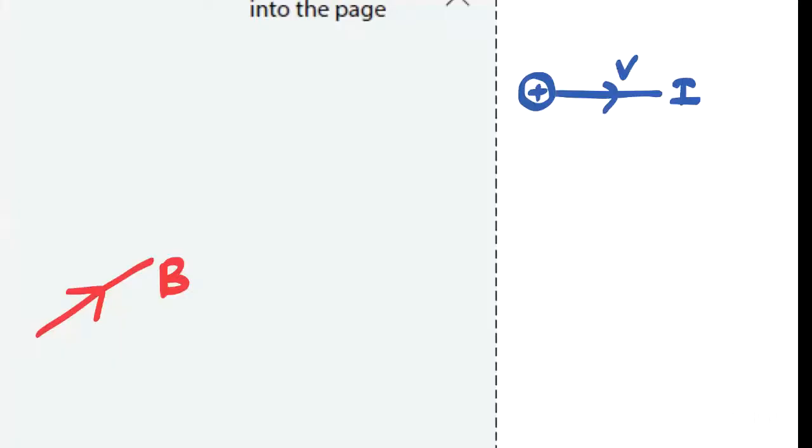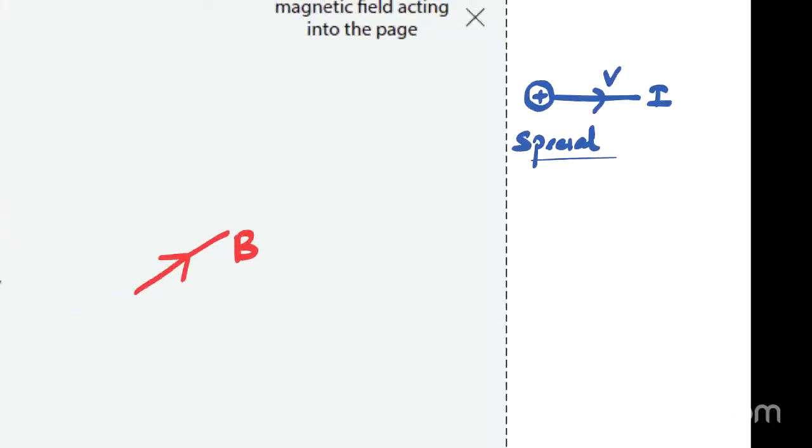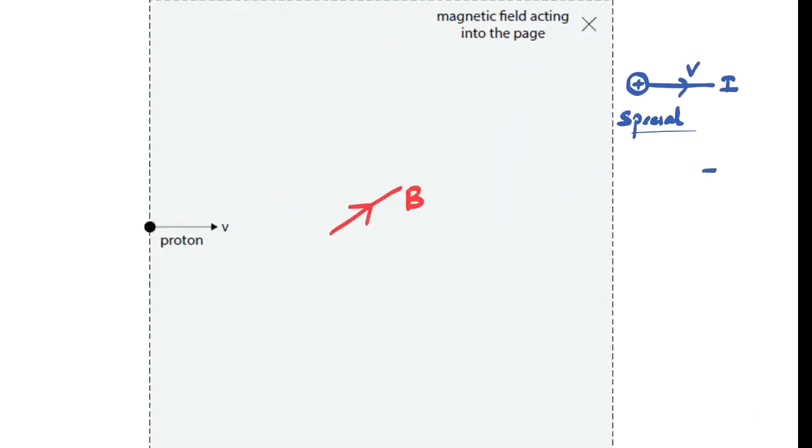But the most important special point is that if it is a negative charge, like an electron, then imagine the electron is moving in this direction with a velocity, but we consider the current to be in the opposite direction, right? So that is the important fact here.